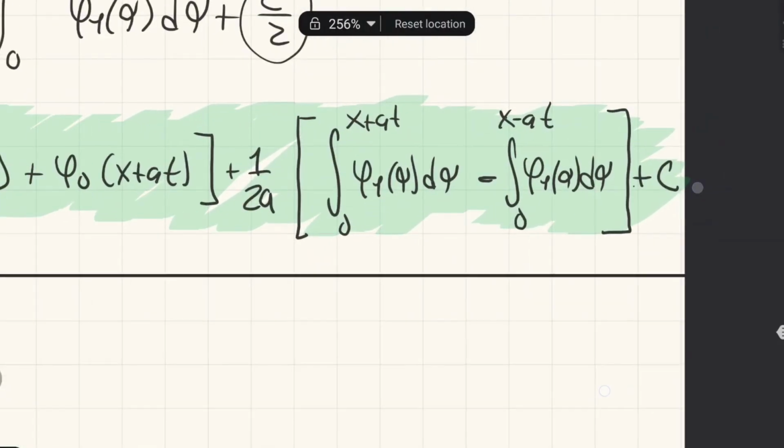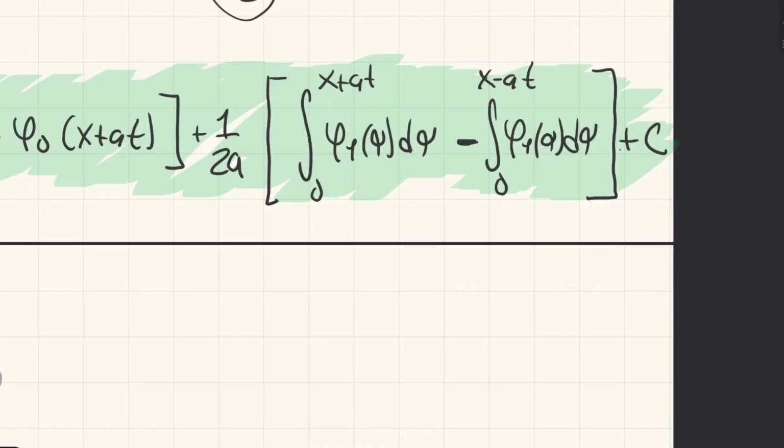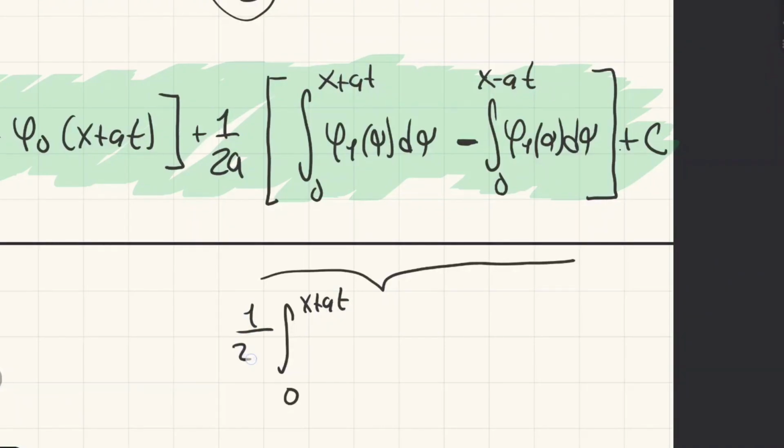And just to take into consideration, we could change this minus to a plus, right? So this element will become the integral from 0 to x plus at, and let's add this one divided by 2a factor, the integral of phi 1 of alpha d alpha, and then we could change the order of the limits here to take the plus sign over here.